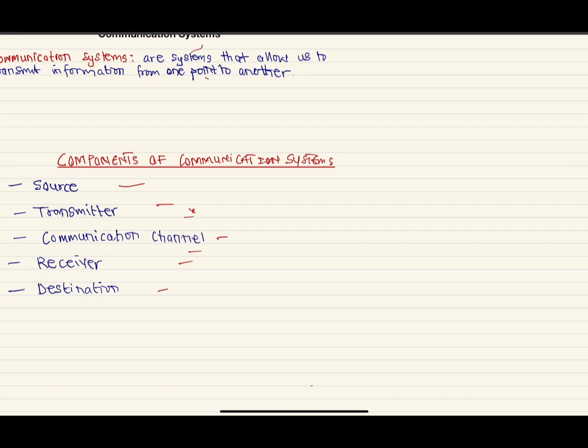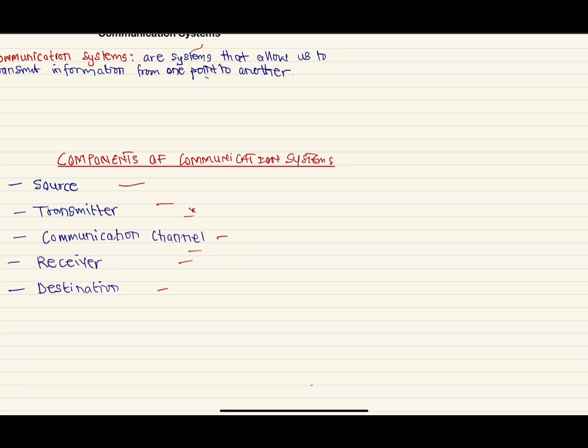So for instance, when you have your information and you want to transmit it from one point to another, you need a transmitter that is going to help you with that. For example, a radio transmitter converts an audio signal into radio waves in order to be transmitted over a very long distance. So that is the transmitter.